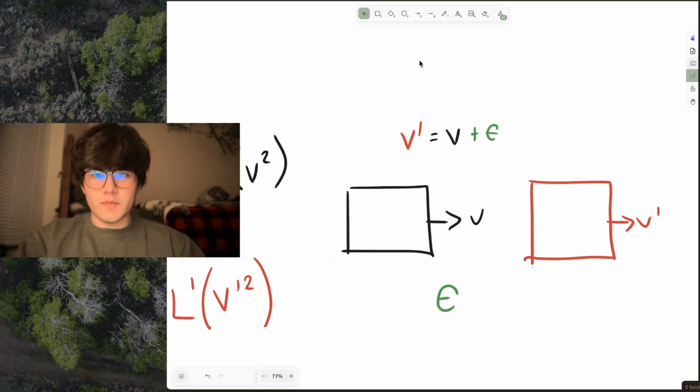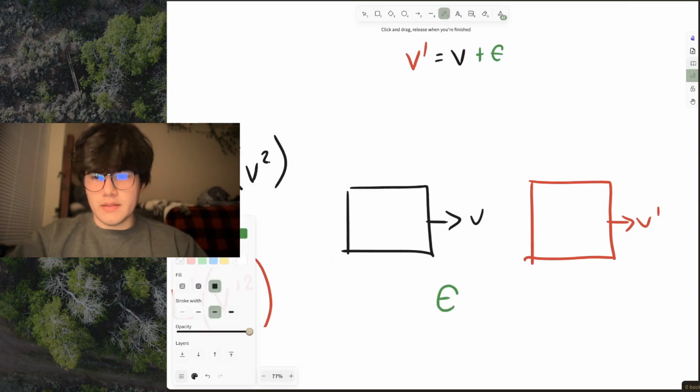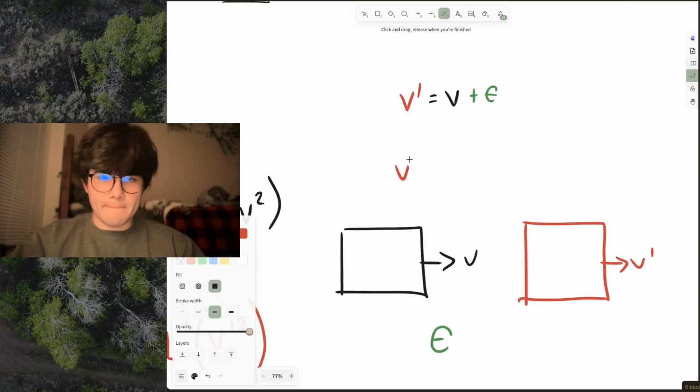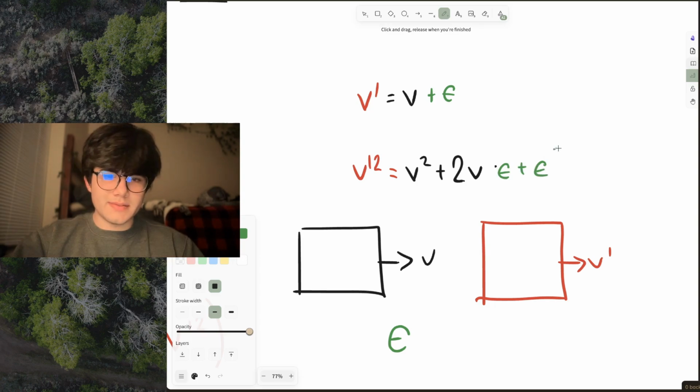Now when we square this, v prime squared by FOIL is equal to v squared plus 2 v dot epsilon plus epsilon squared.